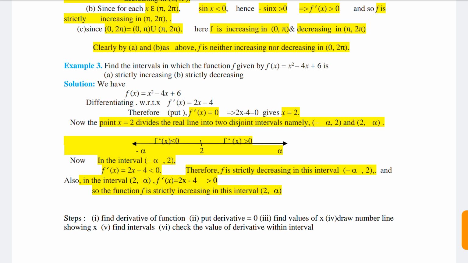If in the interval the value is positive, then in that interval the function is increasing, and if in the interval the derivative is negative, then we say that the function is decreasing in that interval.